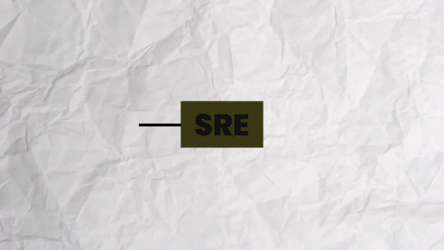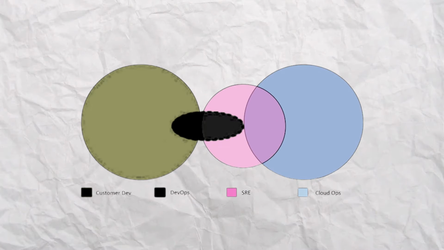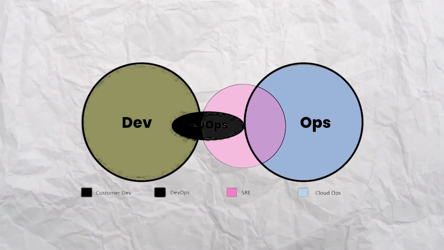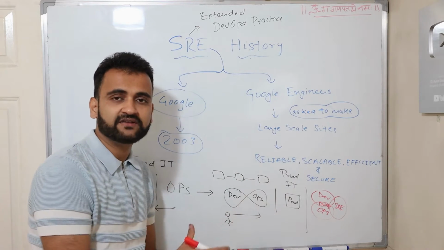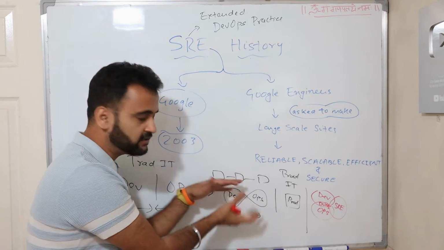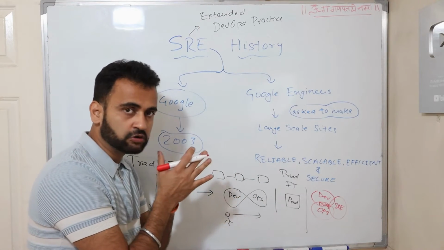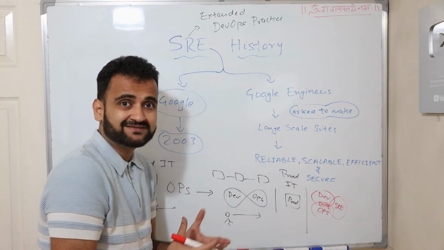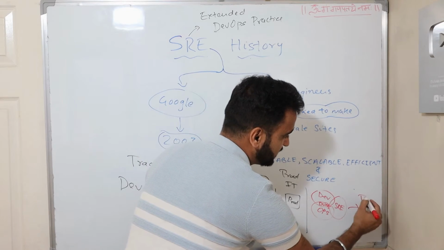And that's when SRE came into the picture, and it acted as a bridge between DevOps and traditional IT. If this was dev and this was ops and this was DevOps, then this was SRE. So SRE acted as a bridge. SRE engineers ensure that whatever DevOps teams are developing, those products, those systems are reliable enough, and then once it is completely stabilized, they move it into the hands of traditional IT.